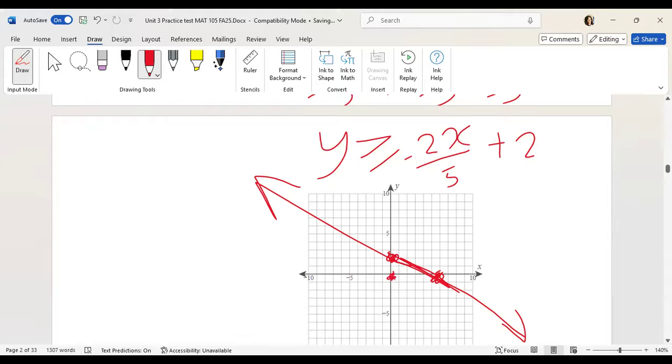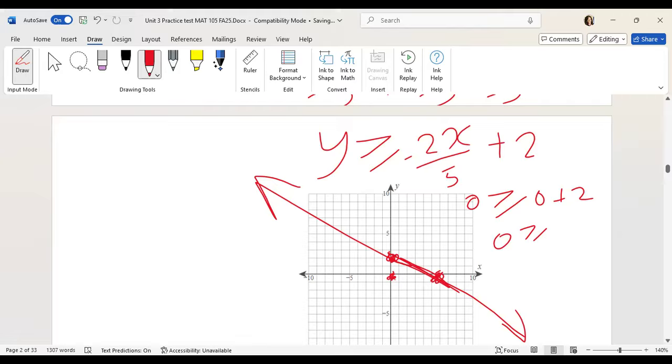If I plug 0 for y and 0 for x, I will have 0 is greater than or equal to 2.